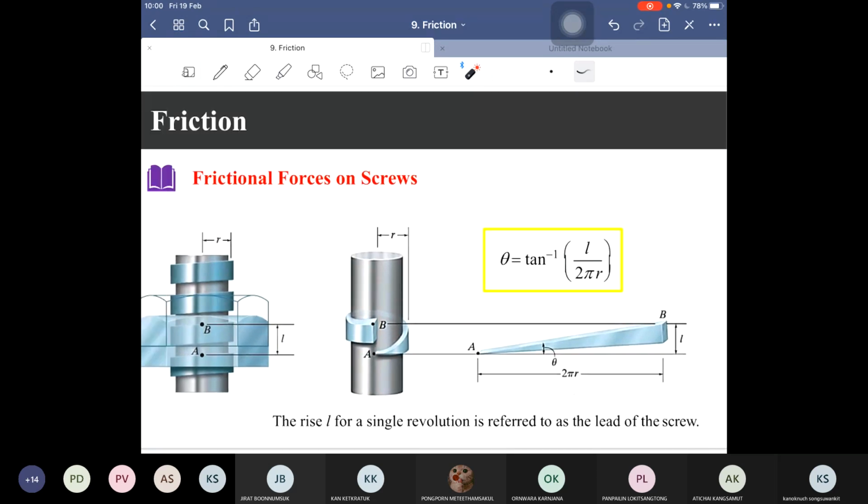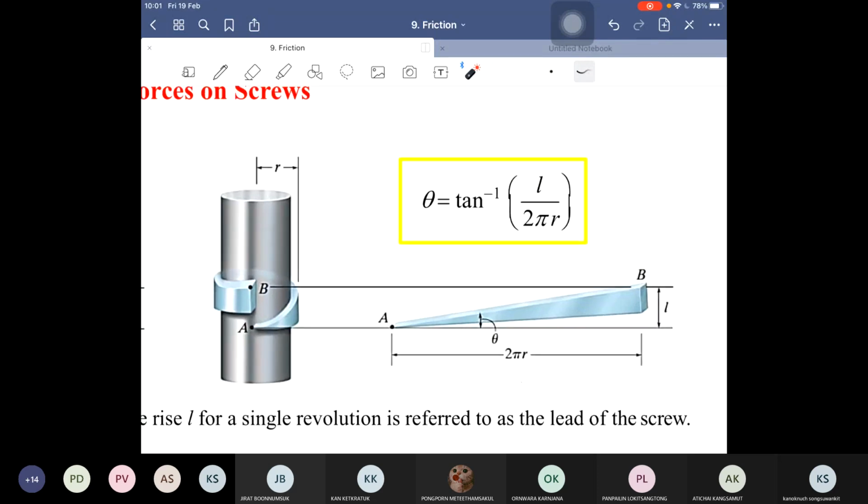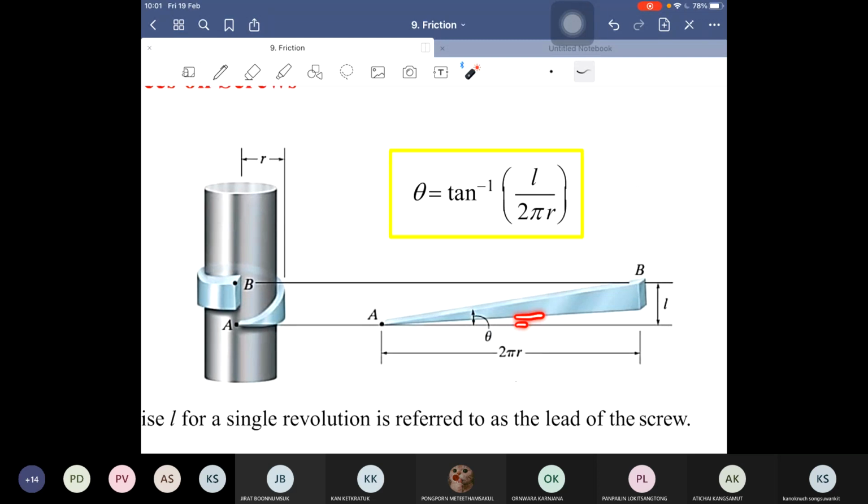So let's remove this part and unwind it to this figure. You can see that it's like a triangle construction. Let's not care about this angle, but just look at the big picture, this triangle.